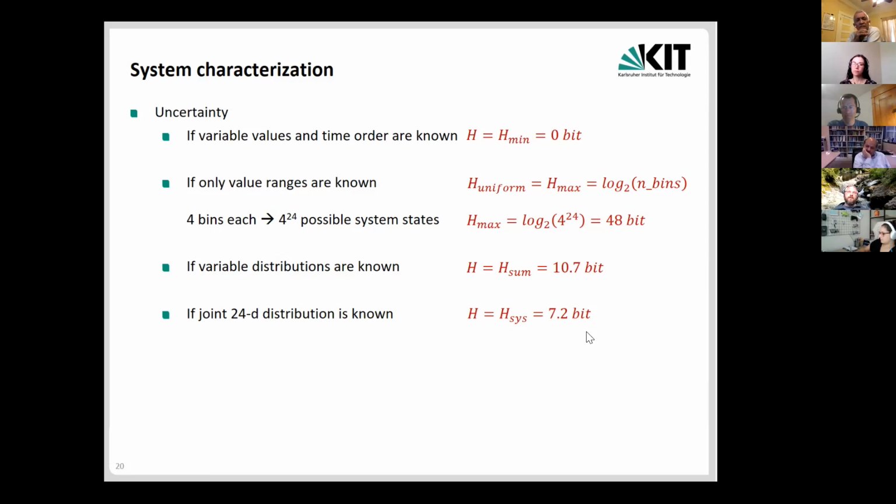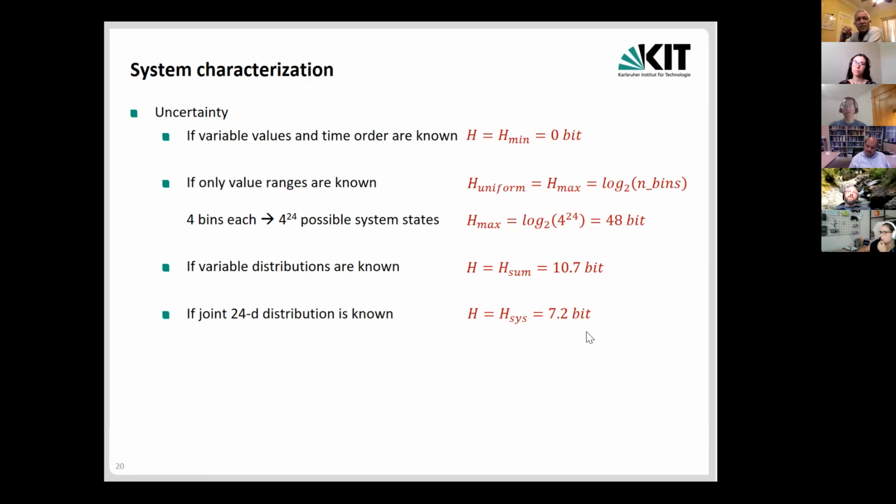So that would be the log of the number of data points, basically. And that was something like 64,000 or so time steps. But he's assuming that as long as you get it within one of the 4 sections, that's correct.